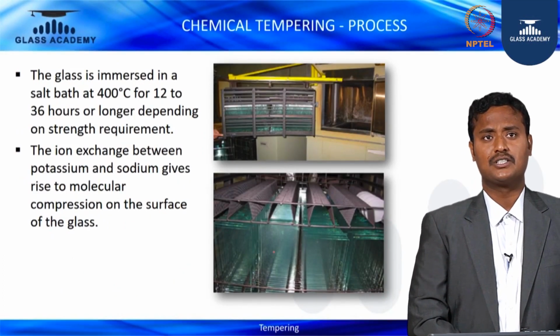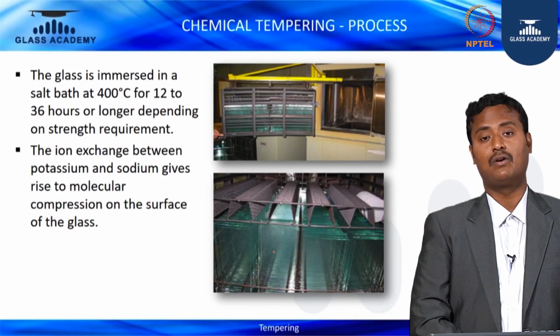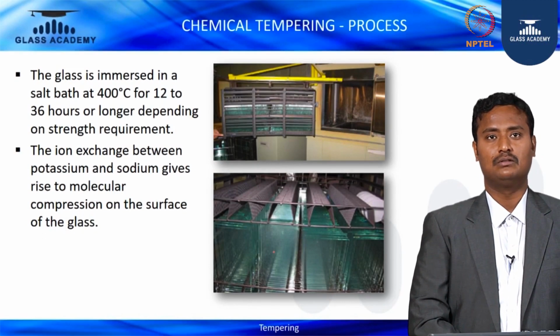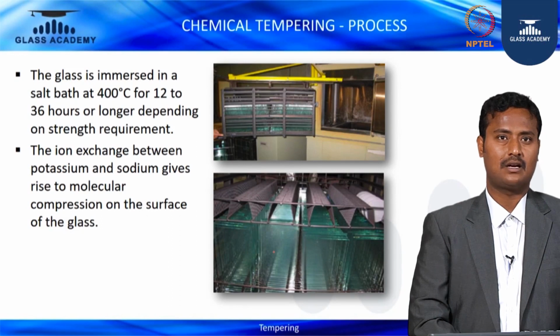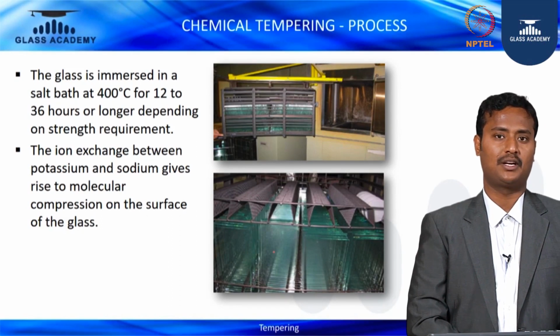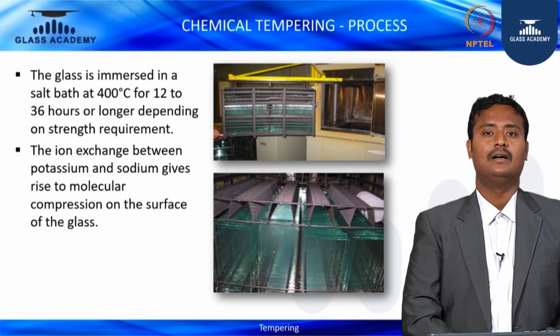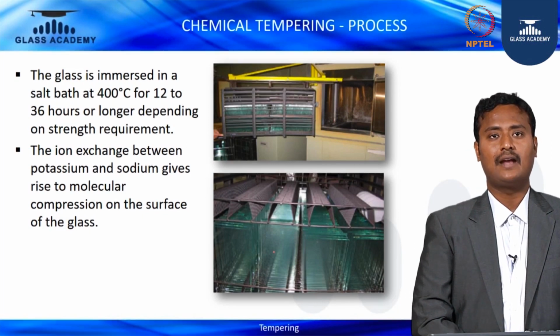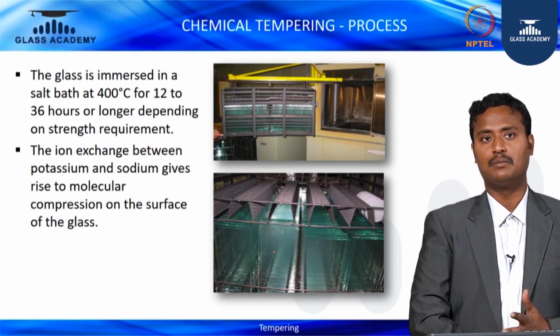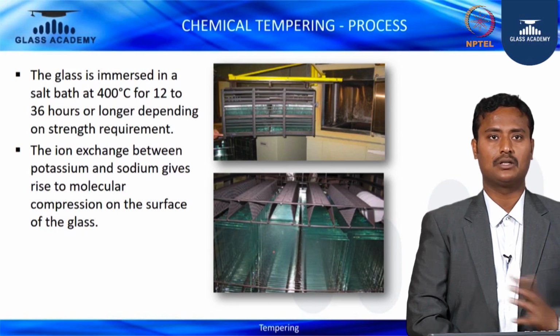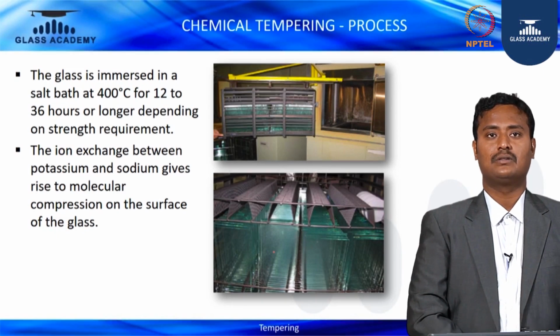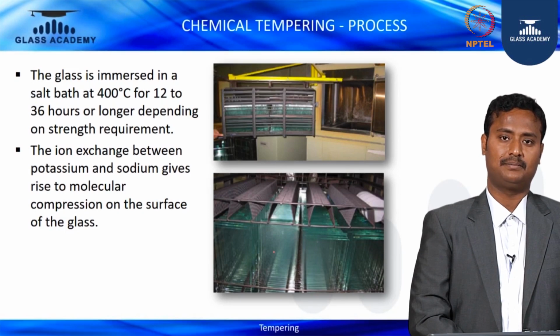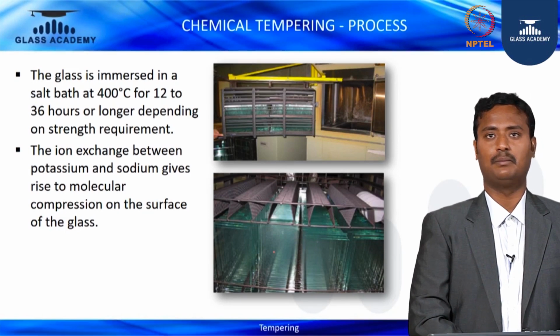The glass is immersed in a salt bath at 400 degrees centigrade for 12 to 36 hours, depending upon the load. The ion exchange between the potassium and sodium exchanges the molecules, and thereby compression is rendered on the surface of the glass. So this is the process of chemical tempering.